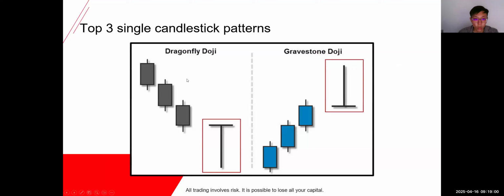Then the next thing is doji. Doji is a very good indicator of when price might reverse also. For myself, sometimes I use doji, it's just at the back of my head. It just looks like a nail, like a small little body of a candle, and then we have a very long wick.